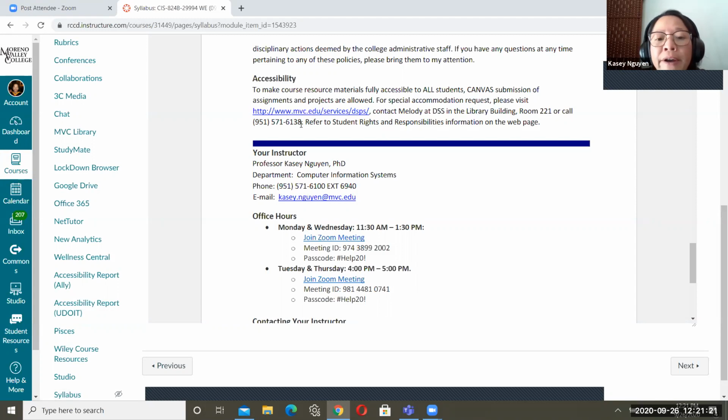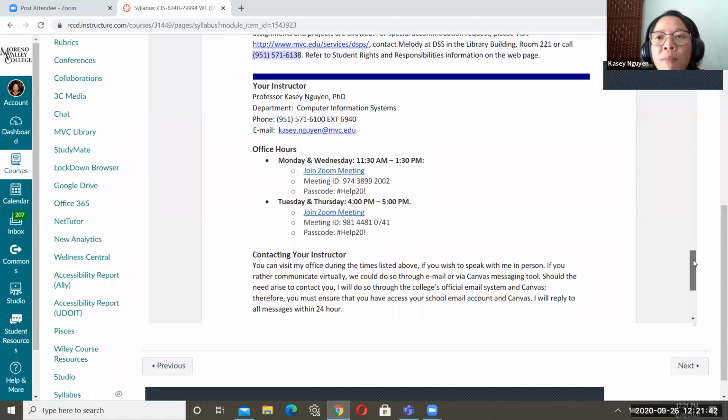You can find the contact information, which is the phone number you can call, or you can send an email. With that, you have to file the request, and then they will forward the request to me, and I will make appropriate accommodation.